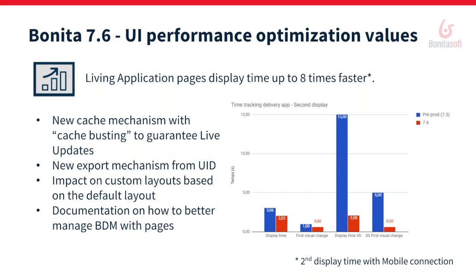That means for you that if you want to benefit from this improvement, moving to 7.6, you will have to create a new layout and apply the change to that new custom layout to benefit from it.